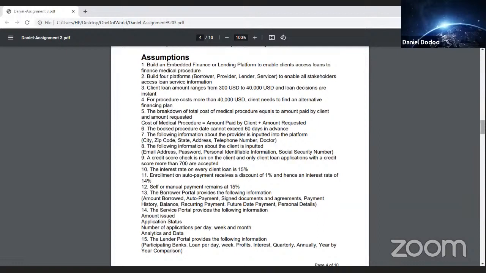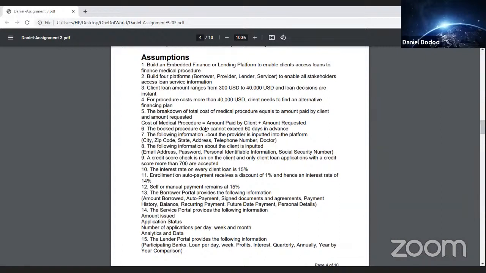For procedures costing more than $40,000, you need to find an alternative financing plan. And also, the breakdown of the total cost of the medical procedure should equal the amount being paid by the client, that is the person trying to access the healthcare, and also what is being given by the lending institution.